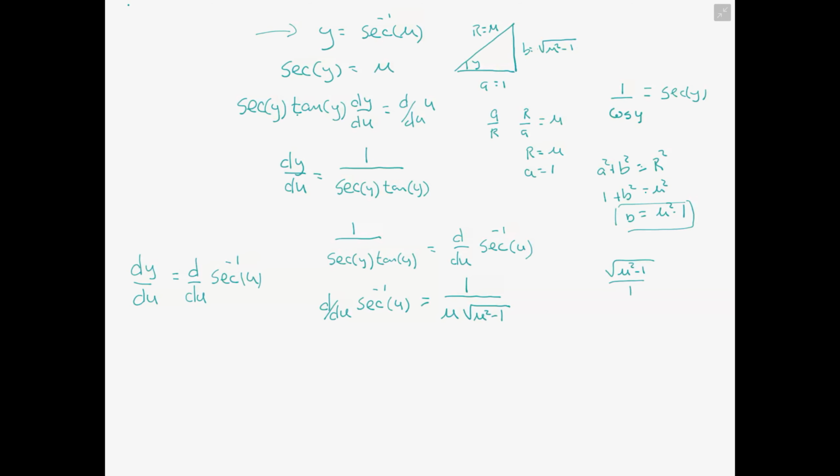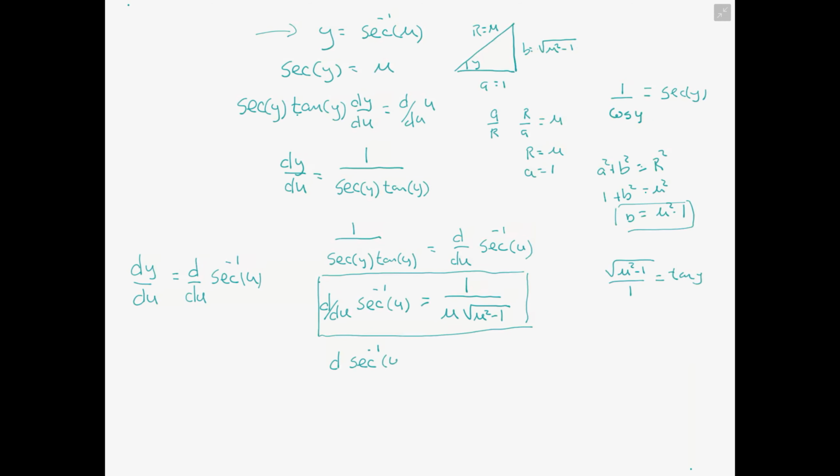We got 1 over u times the square root of u squared minus 1, because tangent is the square root of u squared minus 1 over 1. So 1 over the tangent would be that.